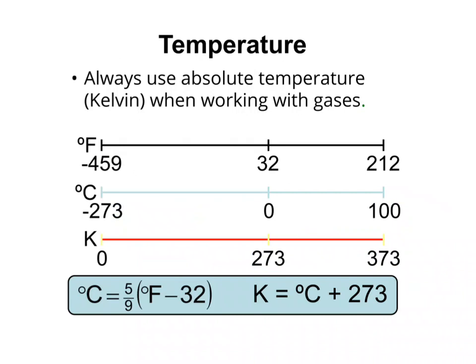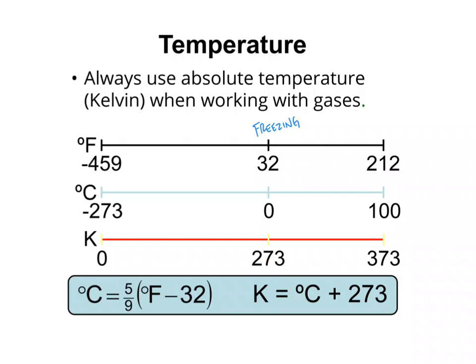So here's what we're looking at in regards to temperature. Normally here in the United States, we measure temperature in Fahrenheit. So freezing occurs at 32 degrees Fahrenheit. So this is freezing. So at 32 degrees Fahrenheit, water freezes, which is 0 degrees Celsius, and 273 degrees Kelvin.